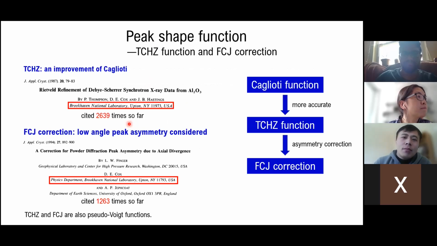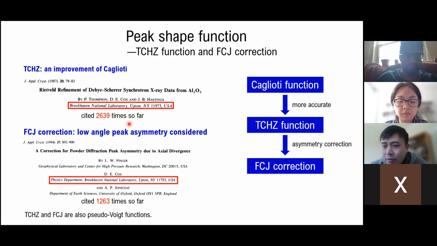Okay. But that's certainly not enough. The pure Caglioti function was used in the very early days of refinement, and people realized that it's far from satisfactory, and some improvements were made on this function.